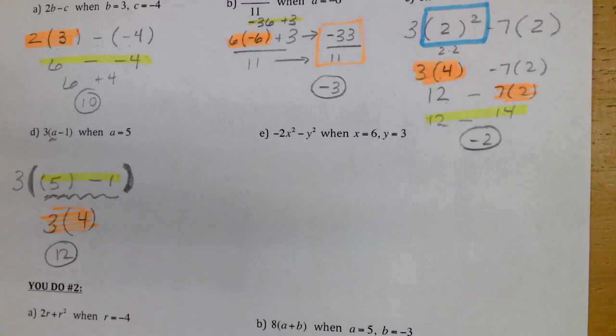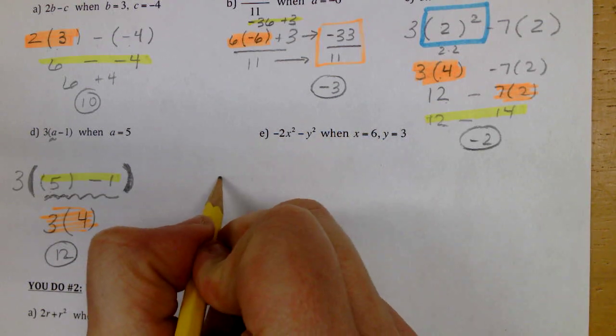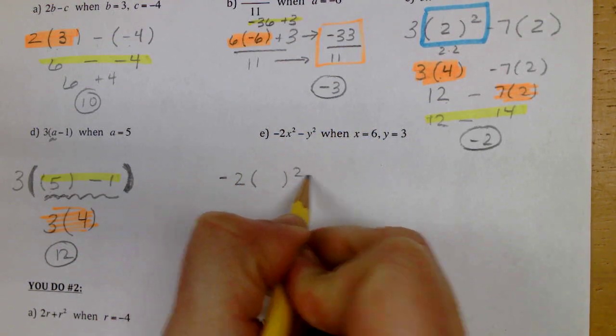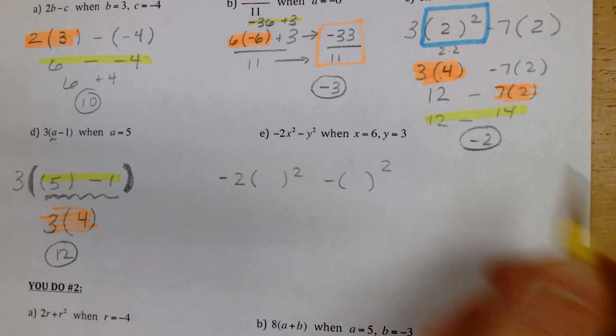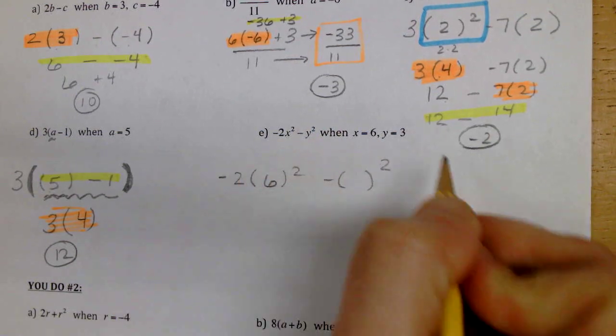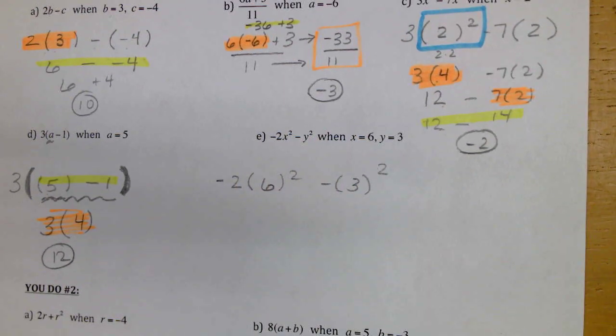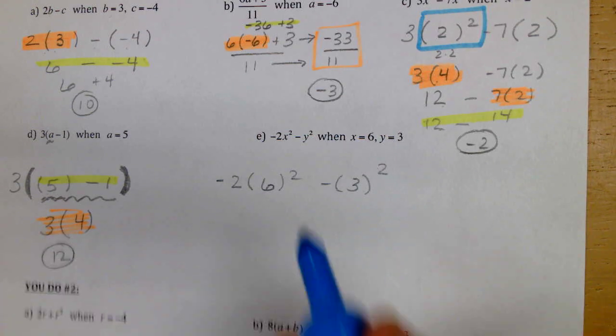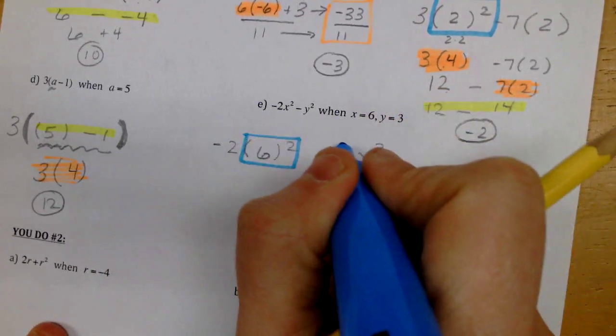Now, the last problem is the hardest and the most complicated, but skeleton form. Process is the same. X is 6, y is 3. What do I do first? Well, I could simplify my exponents.